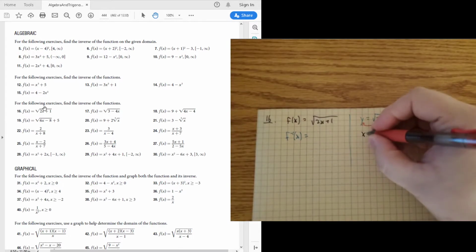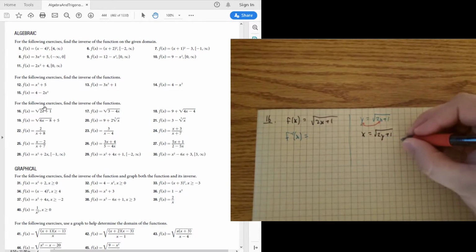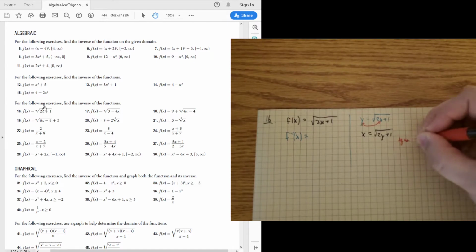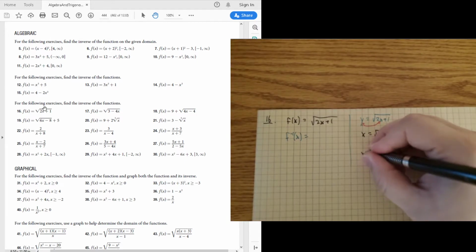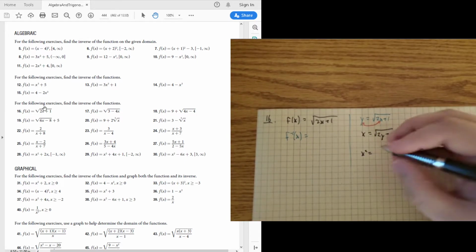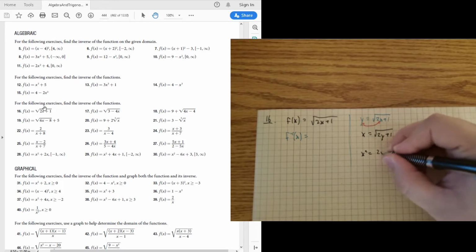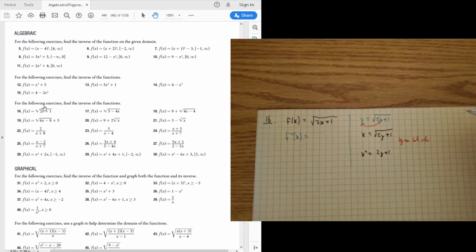In this case, I'm going to start by squaring both sides. That means I'm going to get x squared over here, and I'm going to end up with 2y plus 1 over here.